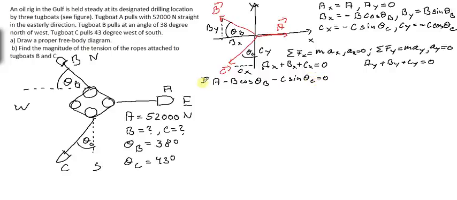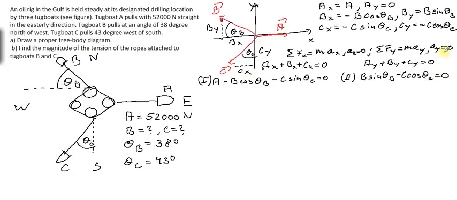This is our first equation. Our second equation that we find comes from the y direction. AY is 0, BY is just B times sine theta B minus C times cosine theta C, and that equals 0.